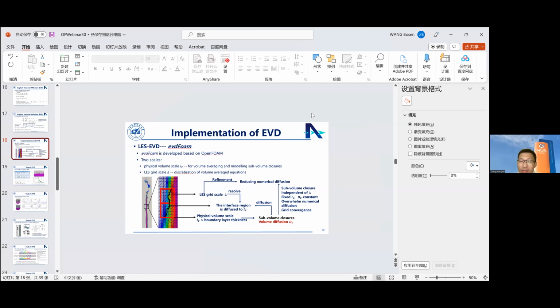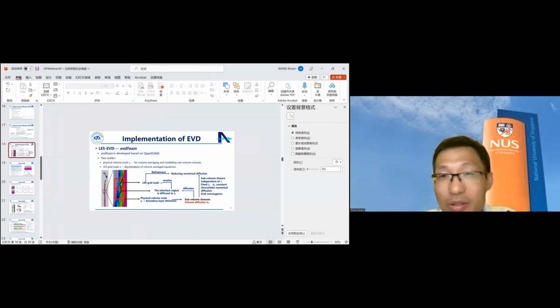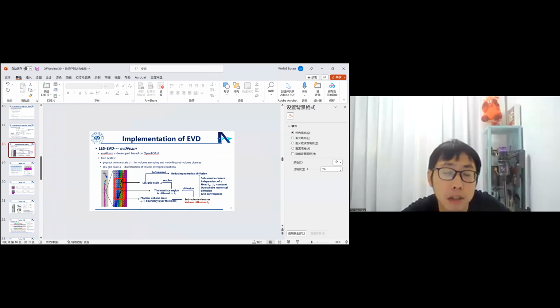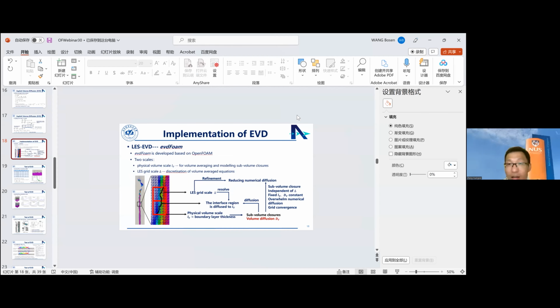And another question is normally, you know, the refinement. I'm not sure in your work whether you use a uniform static mesh or an adaptive mesh. We use a static mesh because AMR is usually used for algorithms that resolve the interface.